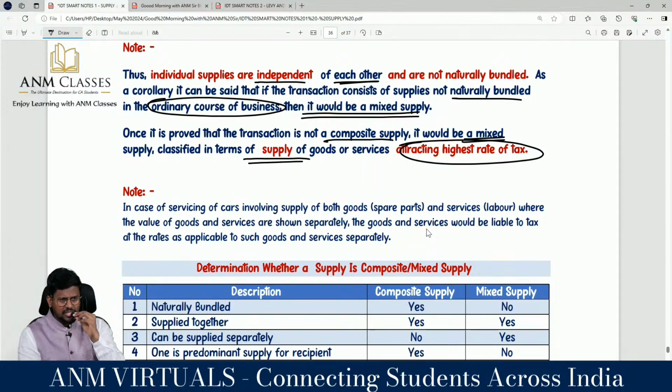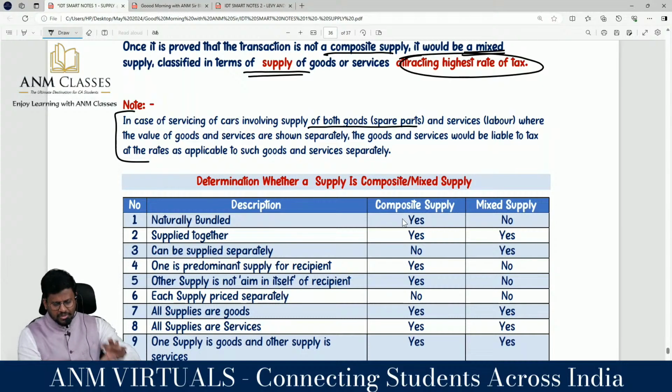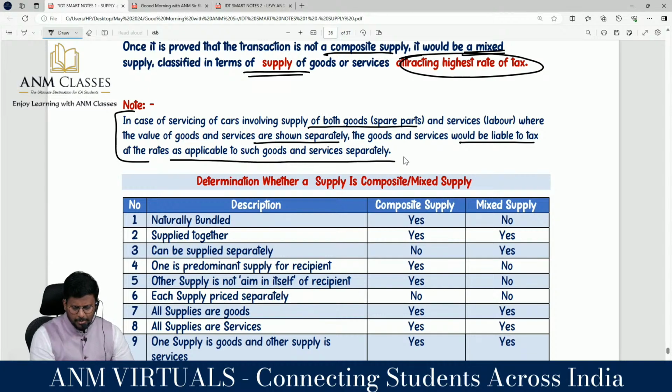What is composite supply and what is mixed supply is explained in Section 2 of some clauses. Correct? Yes, sir. So in case of servicing of a car involving supply of both goods, that is spare parts, and services, where the values of goods and services are shown separately, the goods and services would be liable to tax at the rate applicable to such goods and services separately.